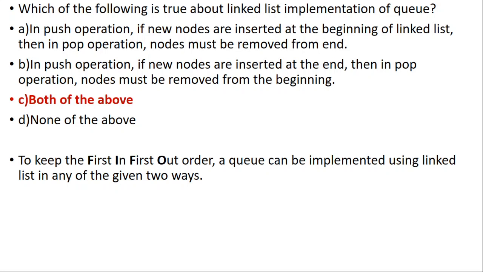In push operation, if the new nodes are inserted at the end, then in pop operation nodes must be removed from the beginning. To keep the first in first out order, a queue can be implemented using linked list in any of the given two ways, that is both A and B.